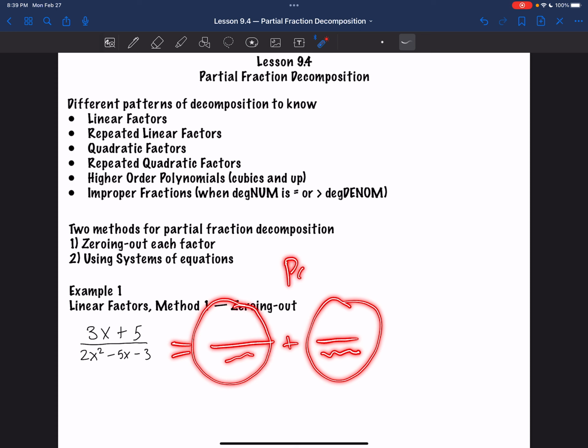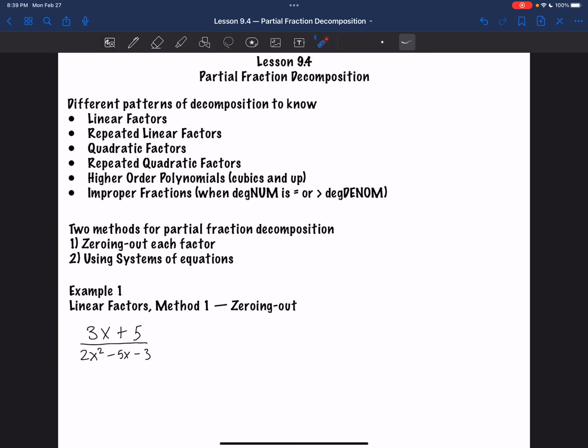So each of those is a partial fraction. That is because these fractions are a part of what adds up to get your answer here, whatever your original rational expression was. So it's splitting it apart. And that's decomposition, okay?